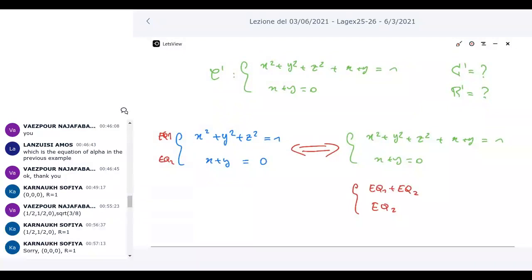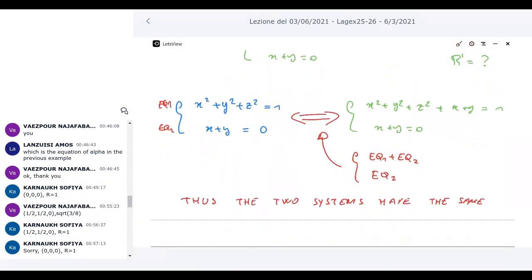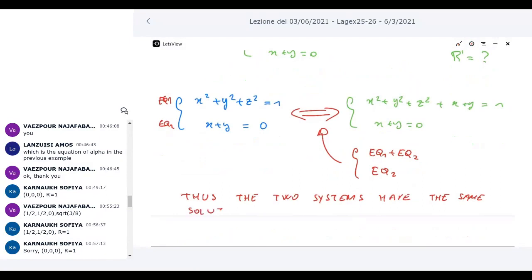Do you agree? So they are equivalent systems because you use just a linear operation. So the two systems are not linear, but they are equivalent, they have the same solution sets. This means that C is equal to C prime.